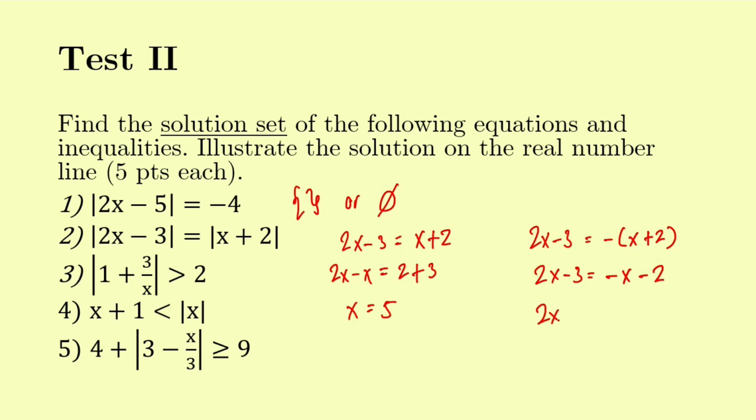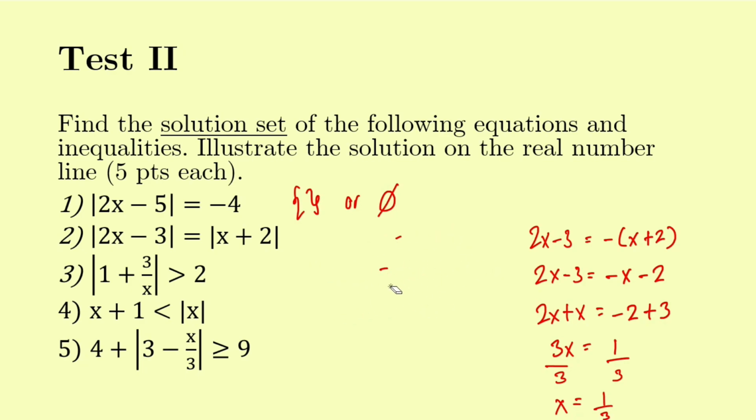So that means 2x plus x is equal to negative 2 plus 3. 3x is equal to 1. Dividing both sides by 3, x is equal to 1/3. So, our solution set for item number 2 is 5 and 1/3.